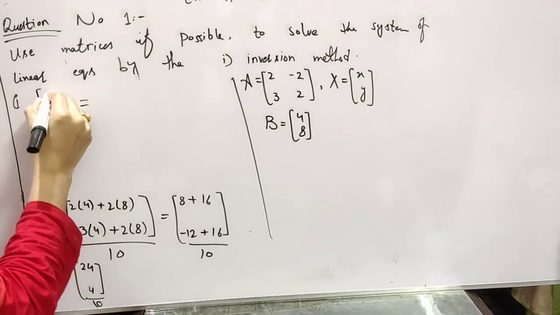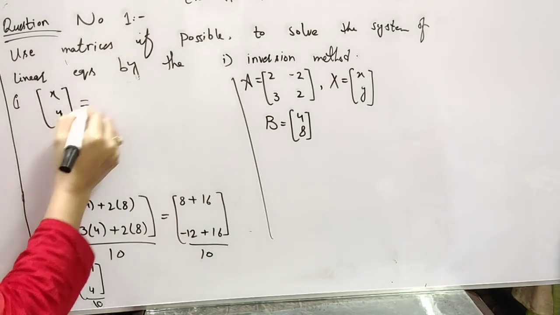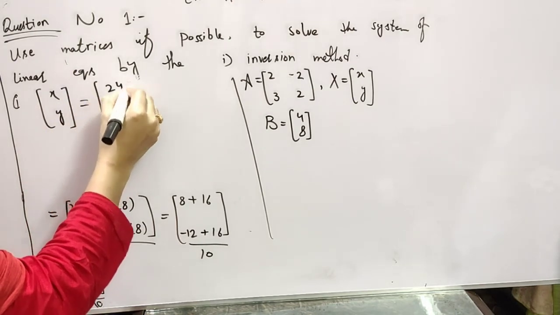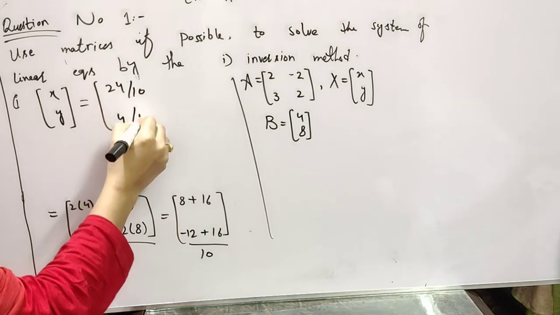So x and y is equal to 24 by 10 and 4 by 10.